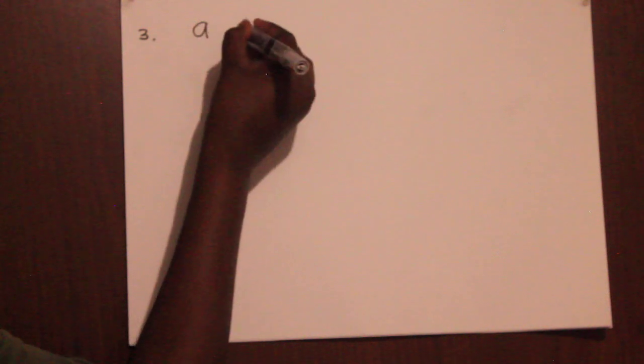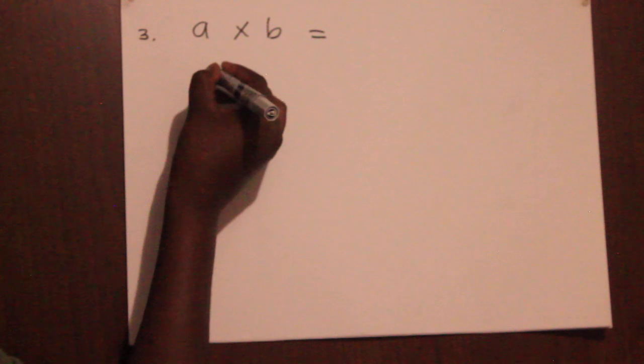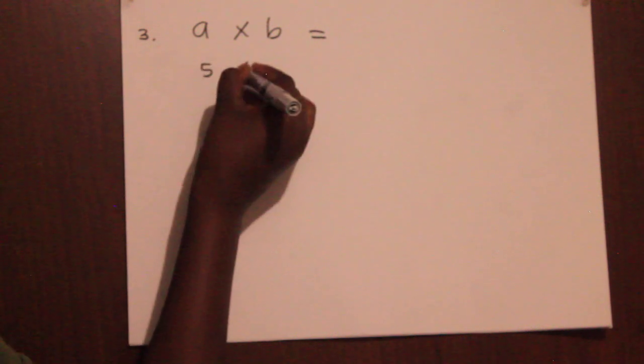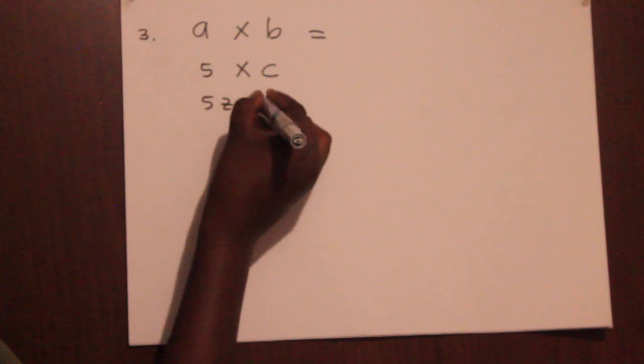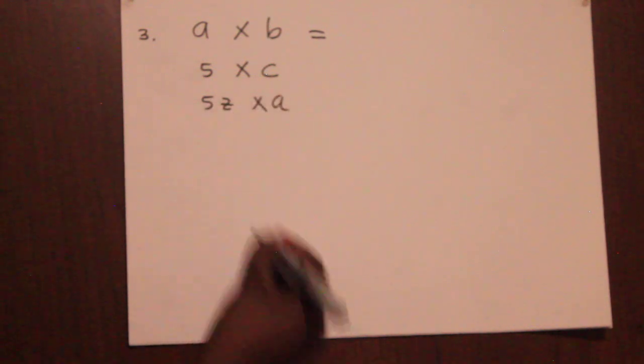Let's say number 3. For number 3 we have, let's say, just the basics. We have A times B. We have 5 times C. We have 5Z times A, like that.